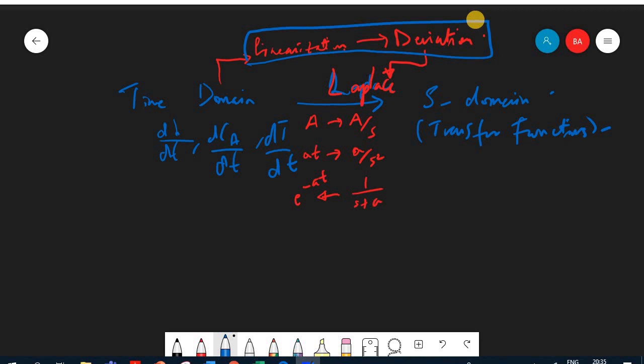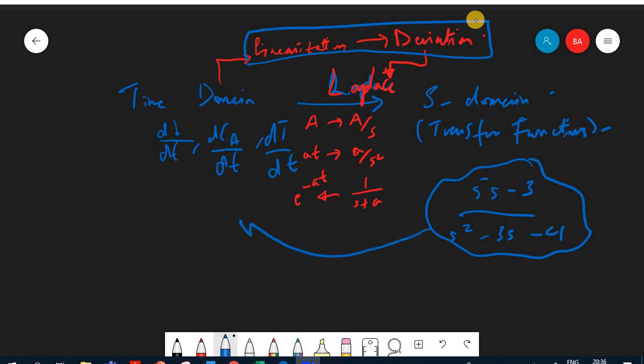So what we are trying to say here is that if we take it from the time domain to the S domain and we get an answer that looks like 5s minus 3, for example, over s squared minus 3s minus 4, the question is how to take that back into the time domain to get the solution.